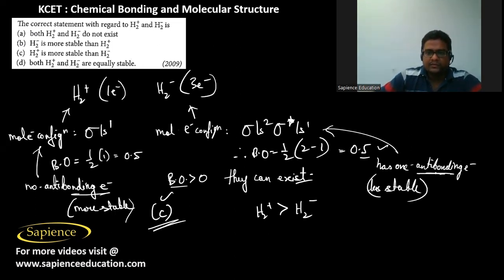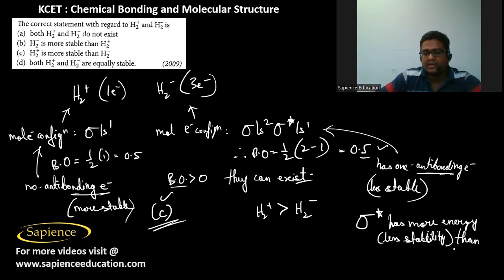Why, if one electron is present in the antibonding molecular orbital, will it have more energy? Since the rule is that the antibonding molecular orbital has more energy, we have less stability. It has less stability than the bonding molecular orbital.